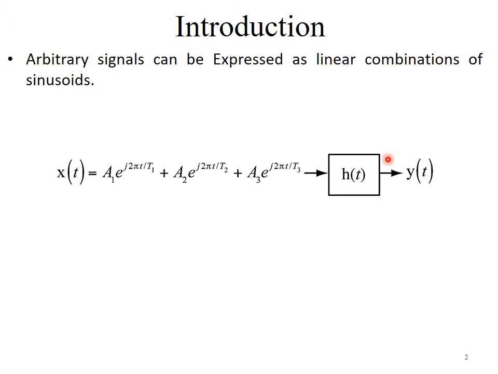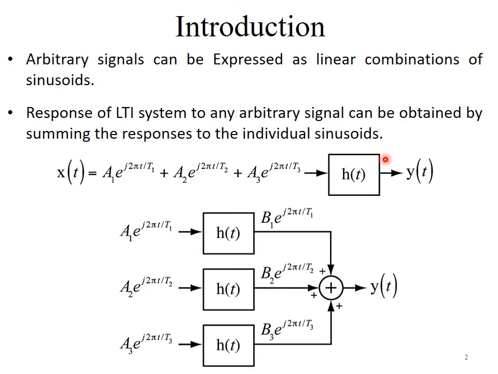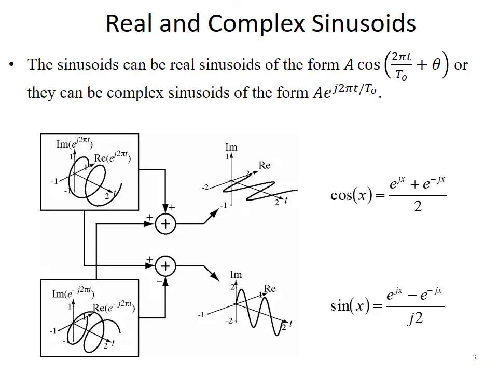Or we can make use of the superposition property of LTI systems and compute the response by giving each complex exponential component separately and then adding all the responses together. So this is one of the convenient ways to compute the response of LTI systems.